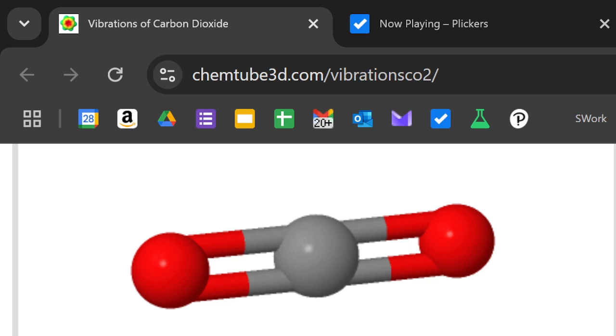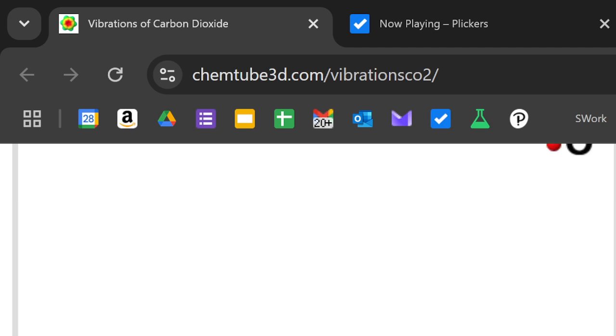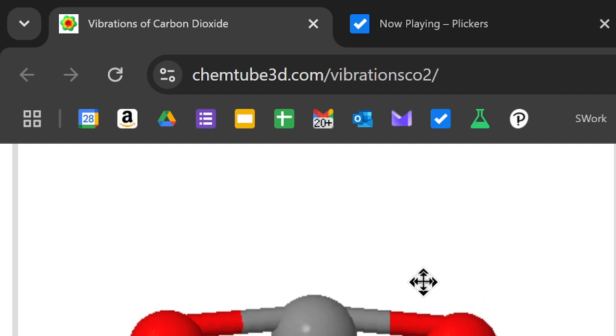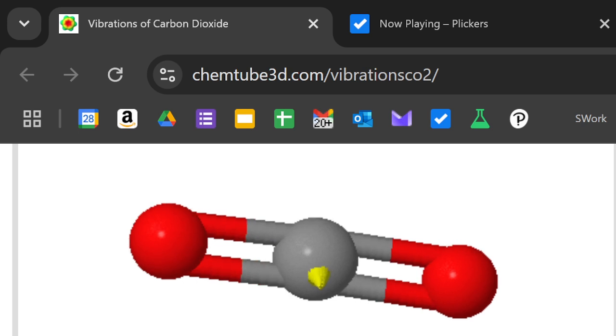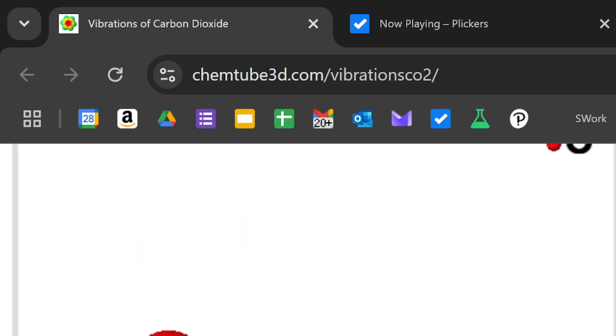Alright, so this is actually the 2 bending vibrations. This is one of the bending vibrations right here. If we did it in the other direction, though, what would happen? Would it look any different? No, it doesn't look any different, does it? So that one's actually degenerate.